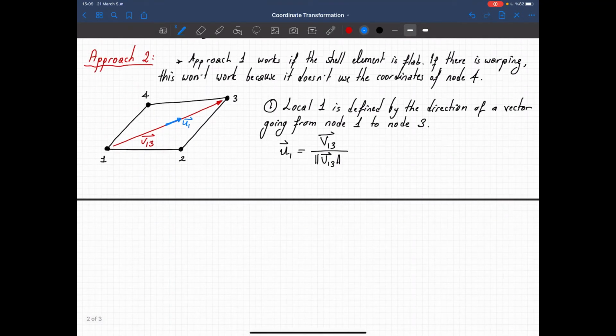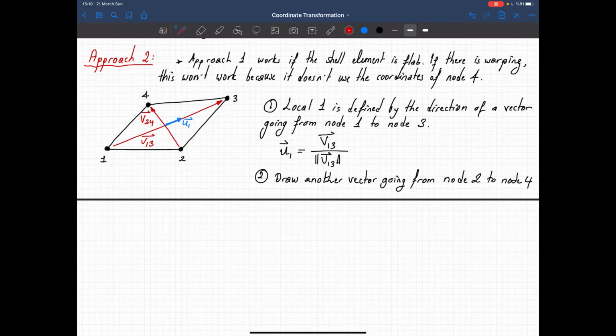Now the second step, draw another vector going from node 2 to node 4. So in that case, that will be the other vector. Let's call it V24.